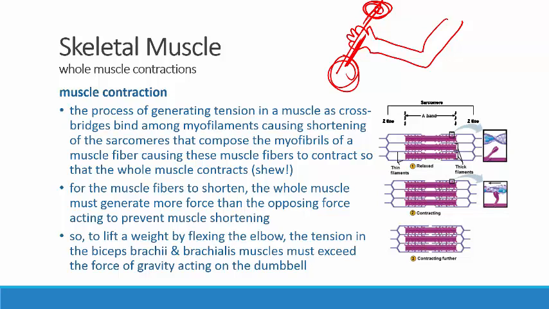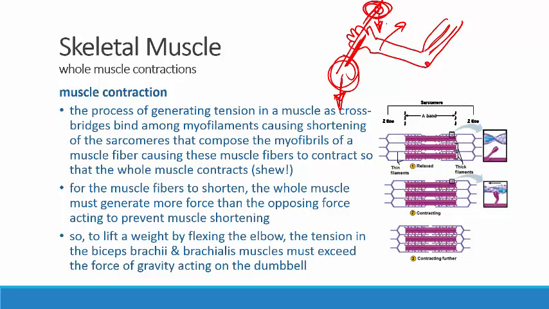Now, with this person holding the dumbbell, there is tension in that muscle. But if we want to flex the elbow joint, to bring it upwards, then we have to generate in the biceps brachii, and in the brachialis muscle that's deep to the biceps brachii, more tension than the weight of the dumbbell pushing downward.